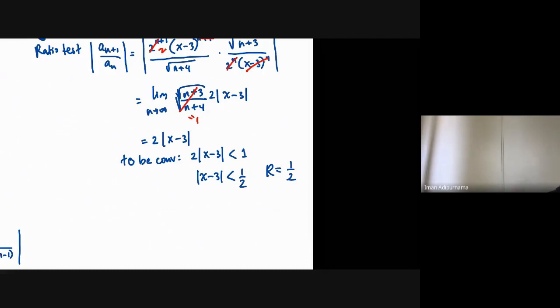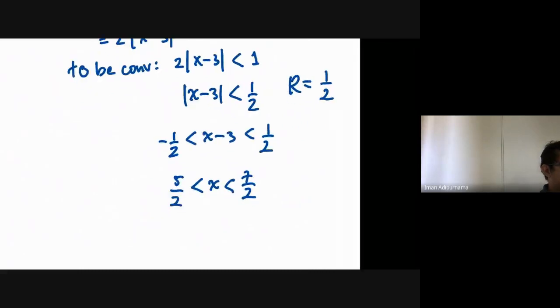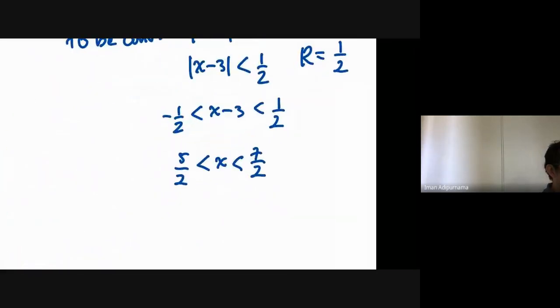And we have this inequality. Okay, this is not yet finished, because the next part we need to check all the endpoints.